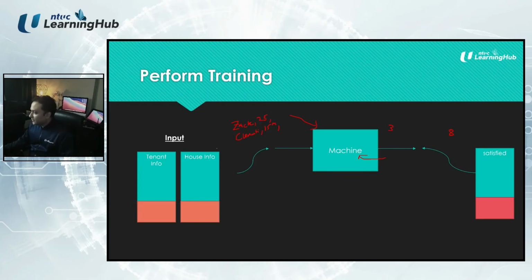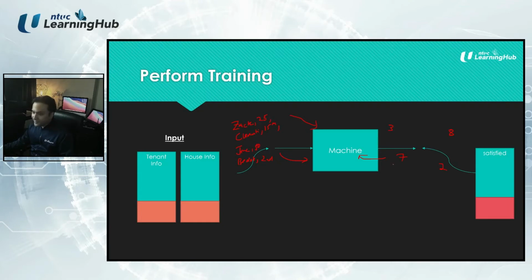Okay, then the next person, maybe it is Jane. Jane is maybe 50 years old, and she's staying in, let's say, Bedok, and on the second floor, and so on. And apparently Jane, okay, so this information we push inside the machine, and apparently the machine thinks that Jane will love the house, but in fact we know that Jane hates the house. So 2.